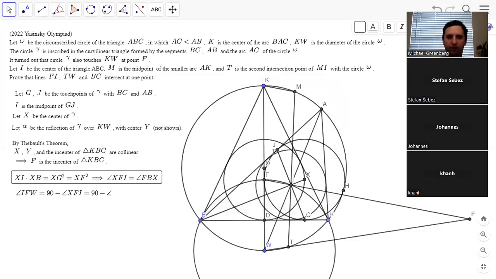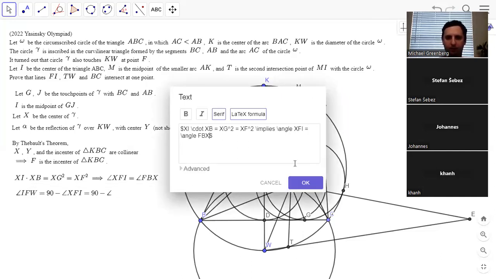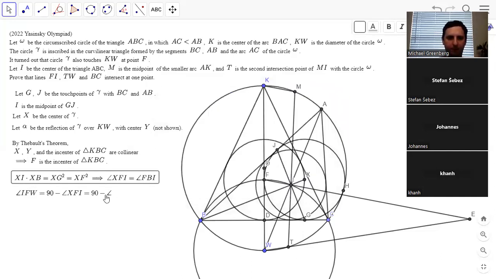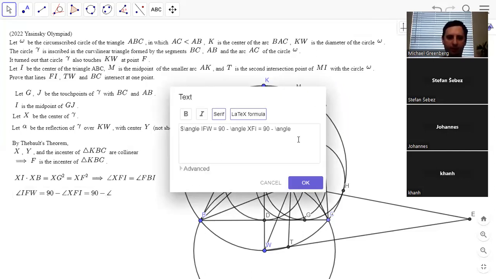I'll say FBI here, just to make it clear. So I'm using the incenter-excenter lemma here too, which is 90 minus angle FWI over 2.